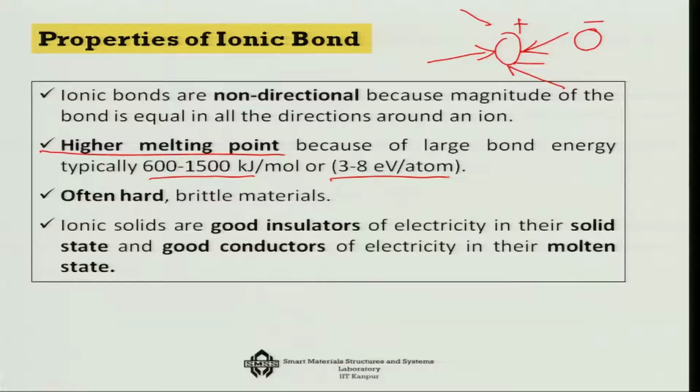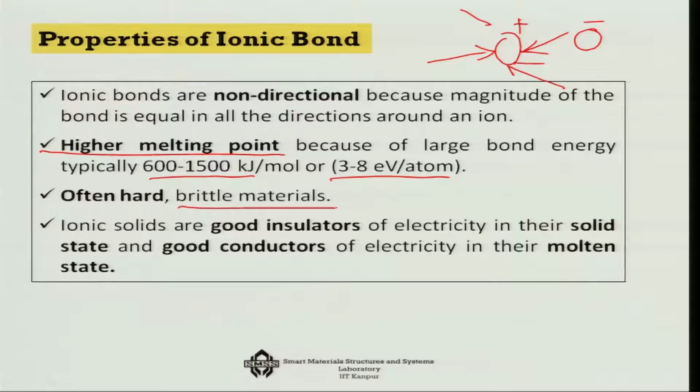They are also often very hard, because the bond is very strong, and that hardness may also result in brittle materials. We will see later that hardness and brittleness are often found together, particularly in ceramic materials.